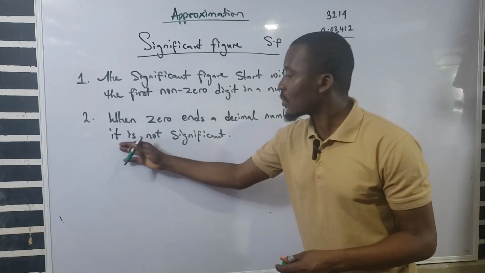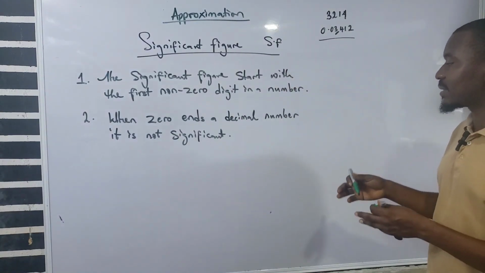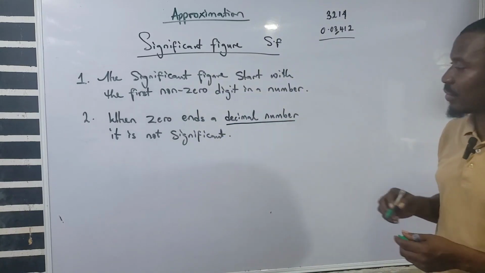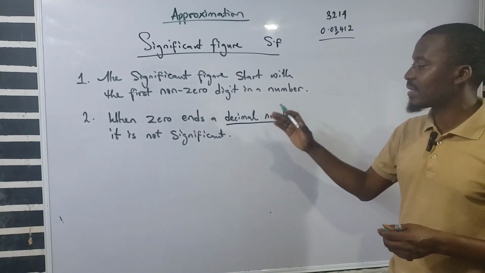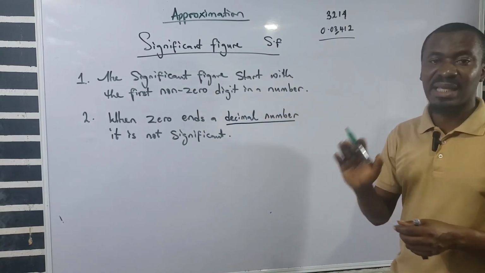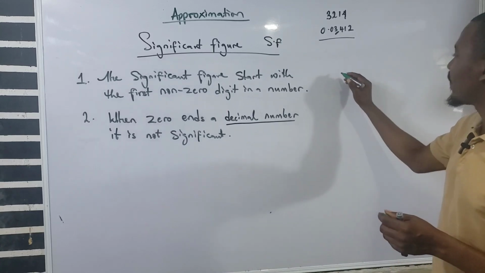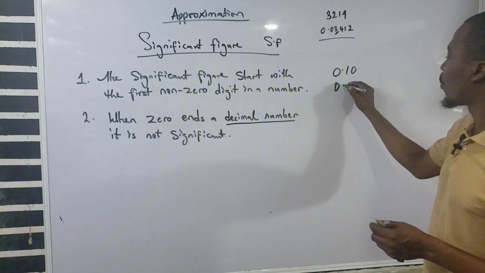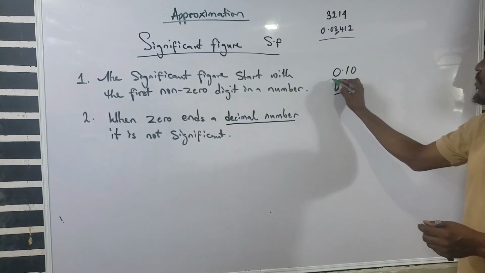Then the second one is that when 0 ends a decimal number, of course you can see your decimal number, when 0 ends a decimal number, it is not significant. What does that mean? If I have 0.10 and 0.1, they are the same.